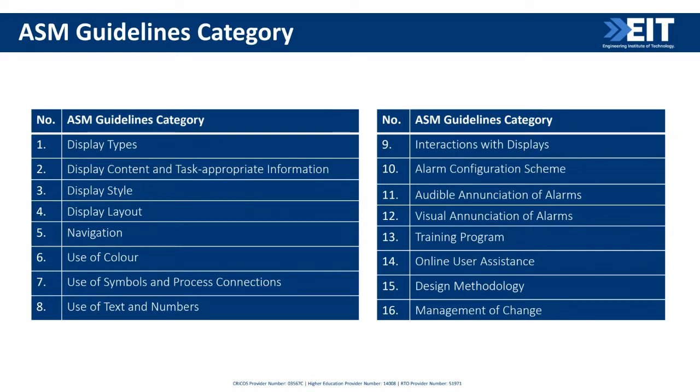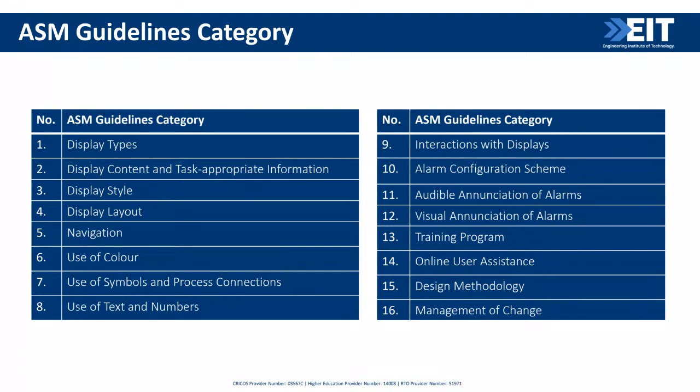Okay, so what you are seeing here are the 16 categories of abnormal situation management guideline categories. Each of these categories has independent guidelines, multiple guidelines under each category.